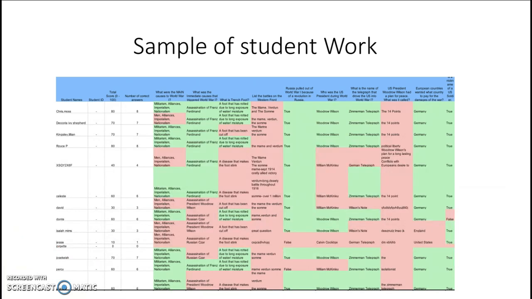Right here is a sample of student work. As you can see, the green means the student got the question right, and the red represents that the student got the question wrong. There was an issue, however, with some of these questions. Two, as you can see, are all red.